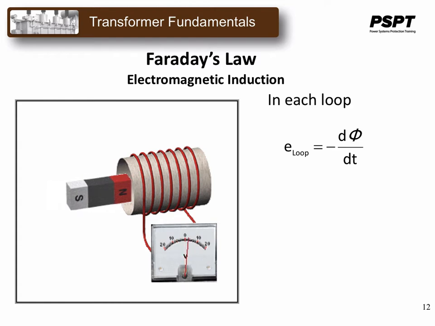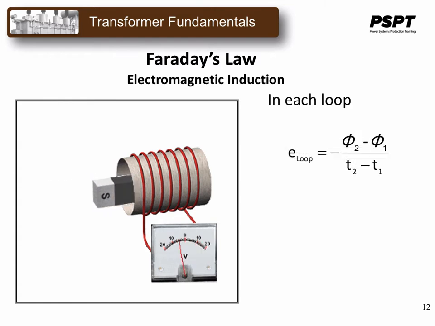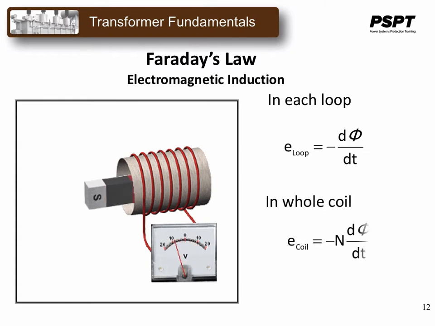Now, d phi by dt just means the change in flux over a period of time. So really, it's whatever the field changed from time 2 to time 1, that's the voltage that would be induced in that loop of wire.